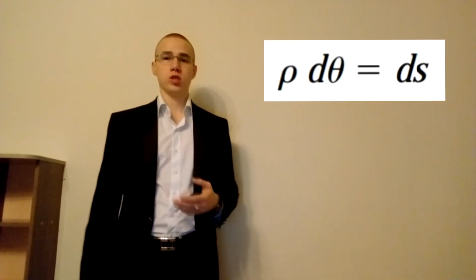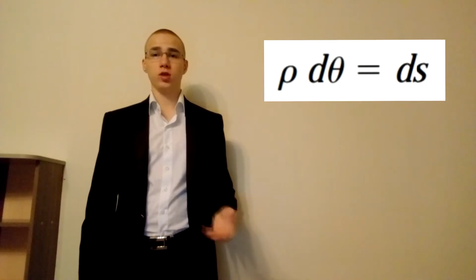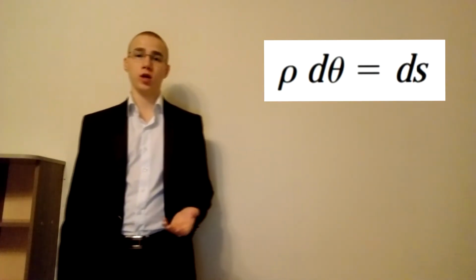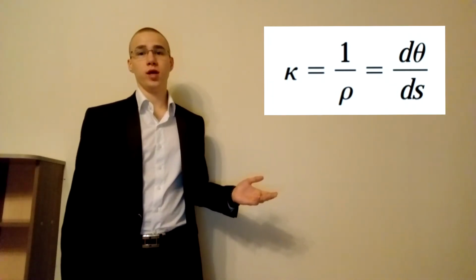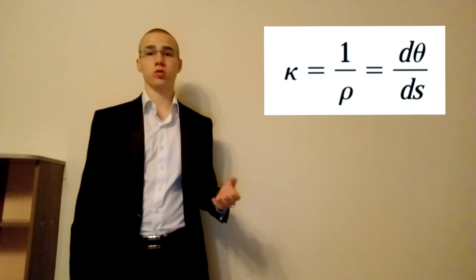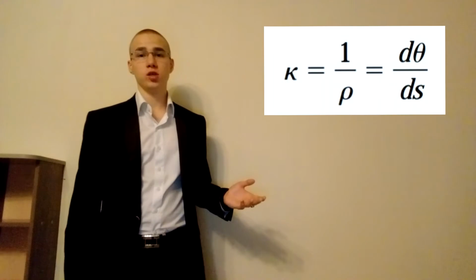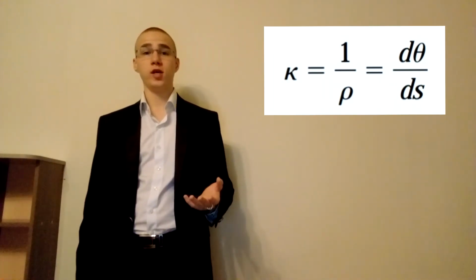Combining the first and second equations, we get kappa equals 1 divided by ρ equals dθ divided by ds.